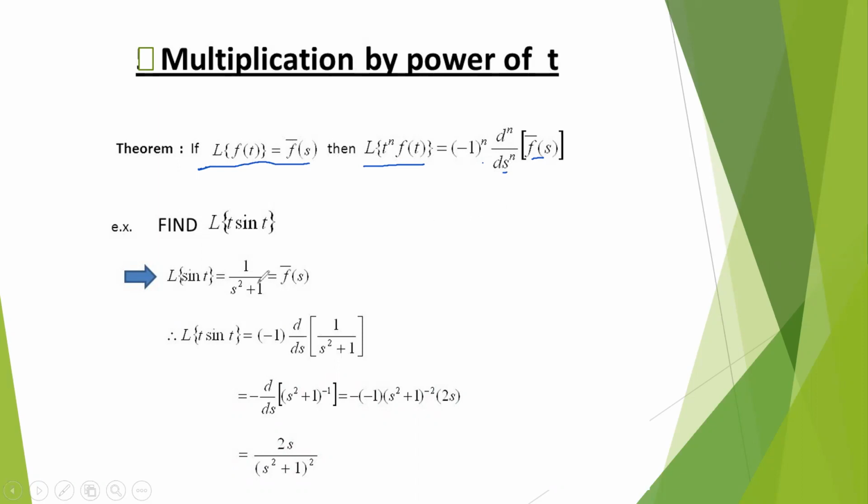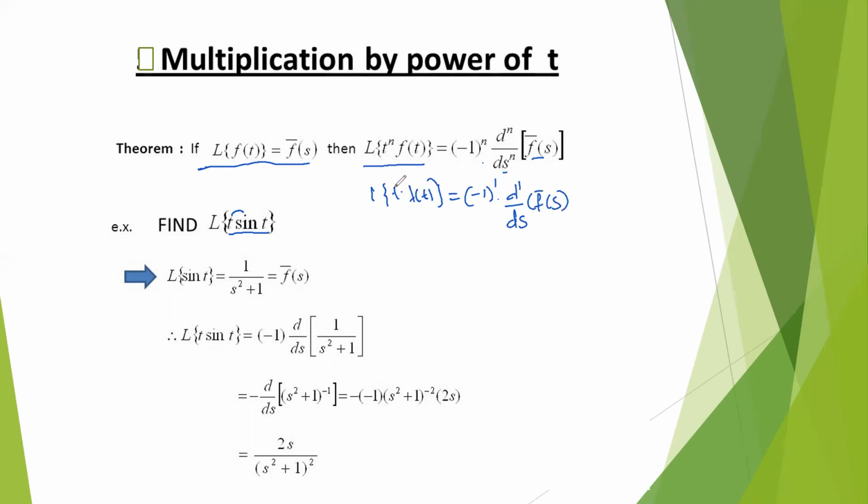In the example, we need to find Laplace transformation of t into sine t. Here two terms are in combination, t into sine t. If you observe, t power 1 is the algebraic term involved. So in this case, we can utilize this multiplication by power of t formula. Laplace transformation of t into f of t is defined as -1 whole power 1 into one time differentiation with respect to s of the function f bar of s.